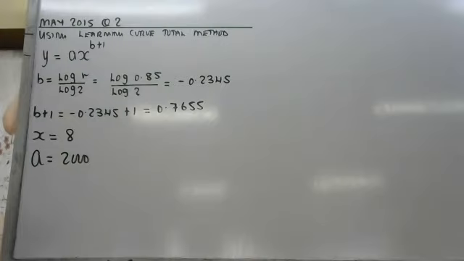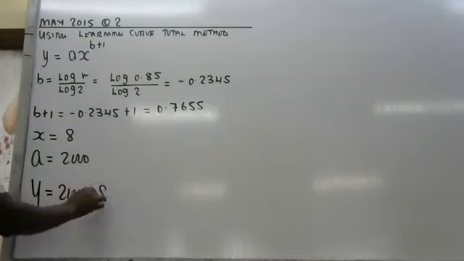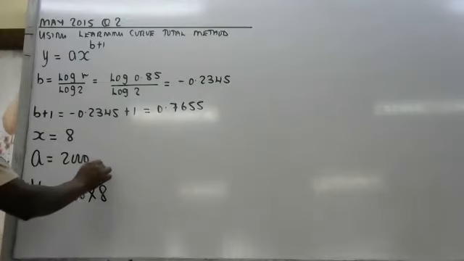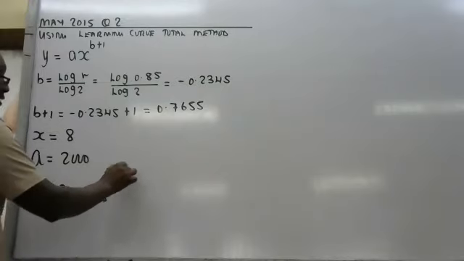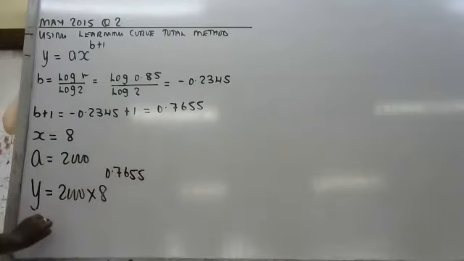In other words, are you told they had made some others? Do you see anywhere that they had made others? No. So if you don't see it, that means you just apply the formula straight. So the formula then will be y is equal to 2,000 times 8 raised to power 0.7655.